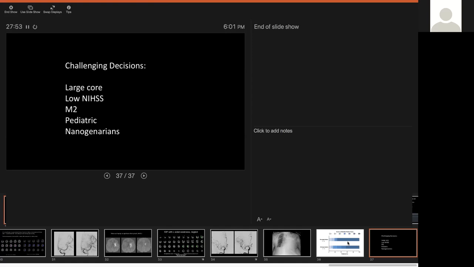Okay, then when you go to the non-wake-up stroke patients, and you look at the typical non-wake-up stroke patients, Fuse 3 or Dawn, these are patients on average who are seen at about 12 hours after last known well. And if we look at that point, we see that about 50% of those patients will have the target mismatch profile if they have an MCA or an ICA occlusion.